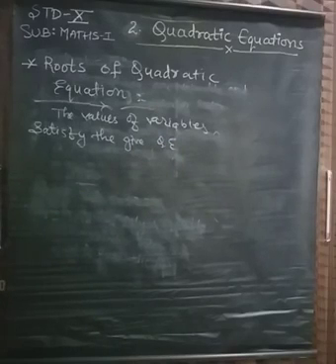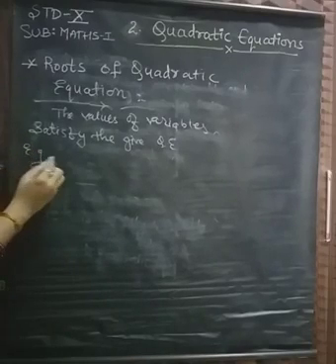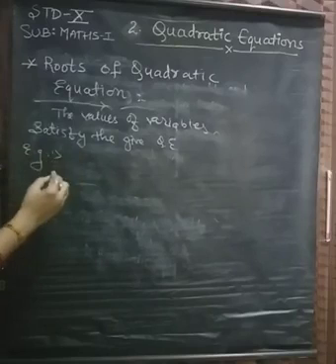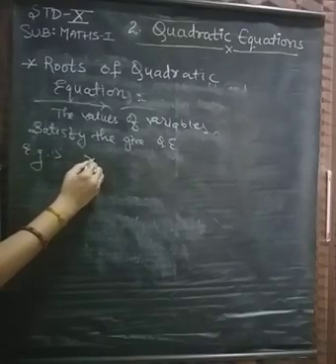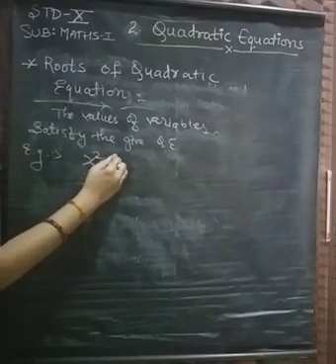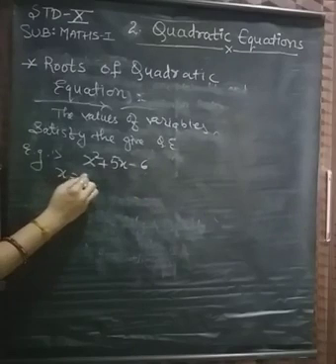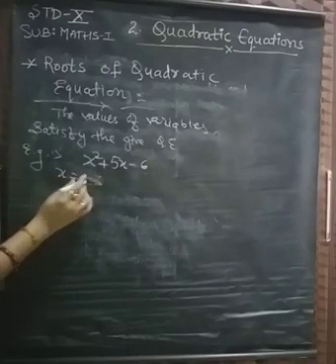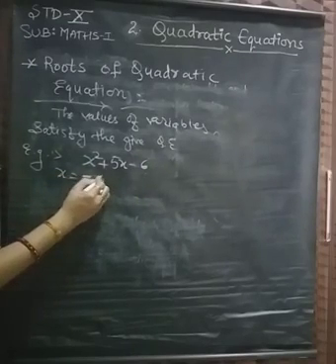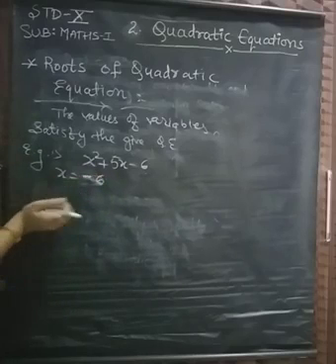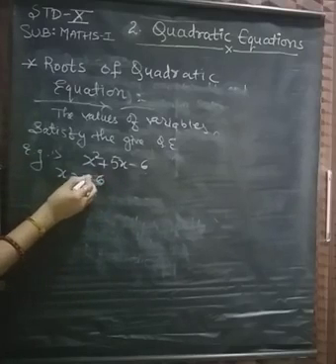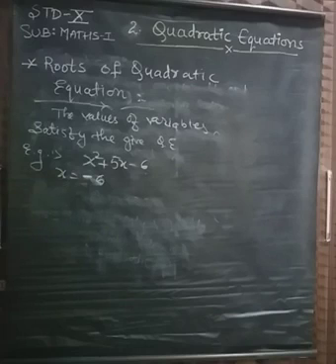For example, suppose you have the equation x square plus 5x minus 6, and they have given you the value x equals to minus 6. Now we have to check whether this is a root of the quadratic equation or not.